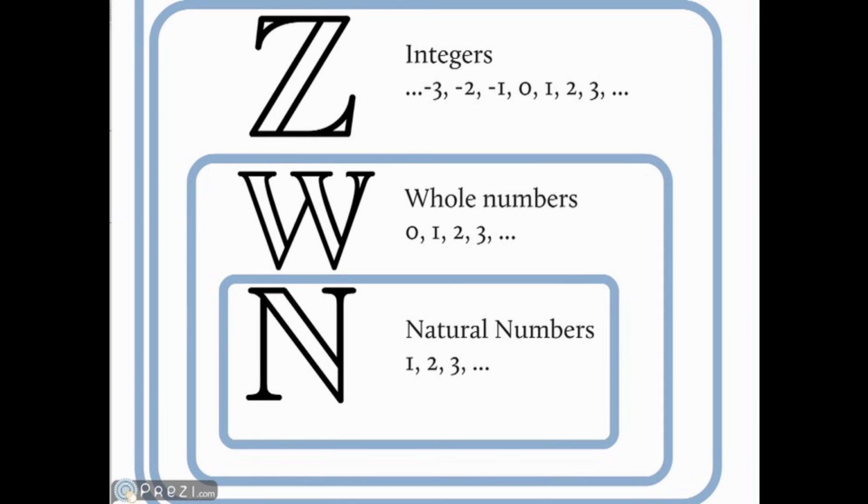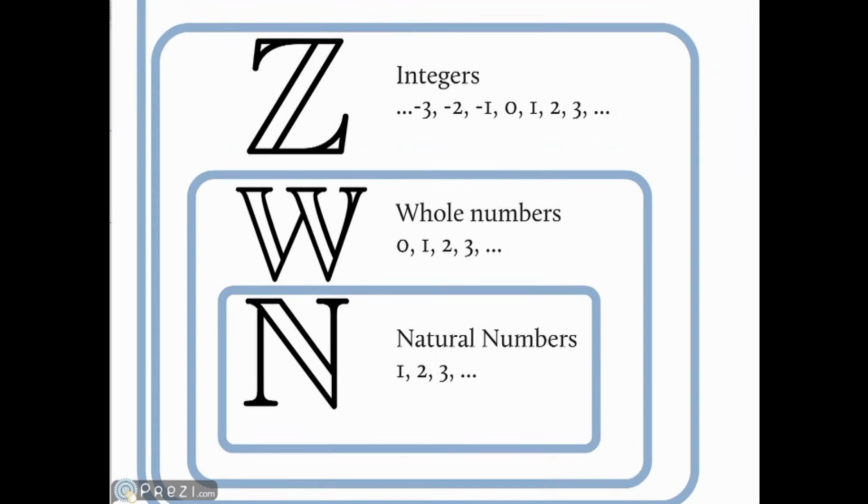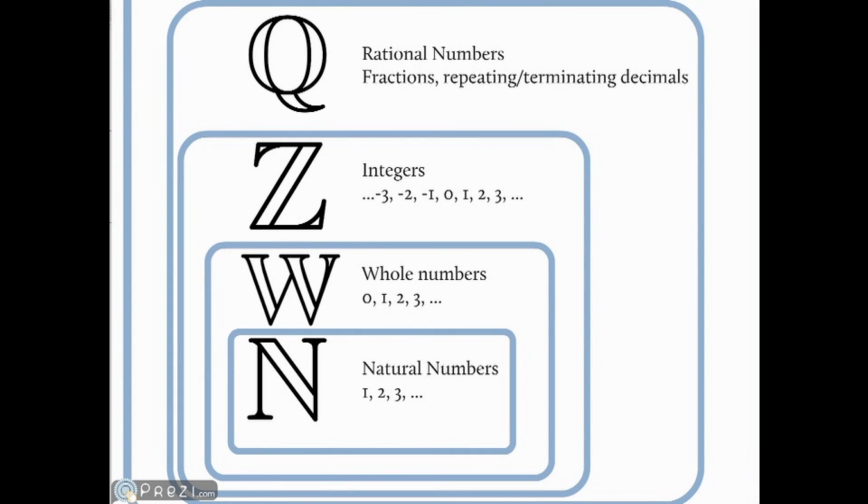So, the number 3 is a natural number, a whole number, and an integer. The number 0 is a whole number and an integer, but it's not a natural number because it's not in that set. And the number -2 is an integer, but it's not a whole number and it's not a natural number.